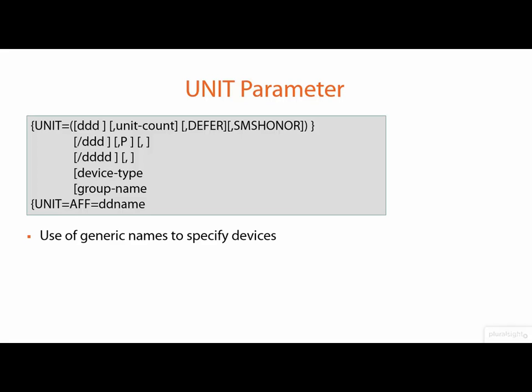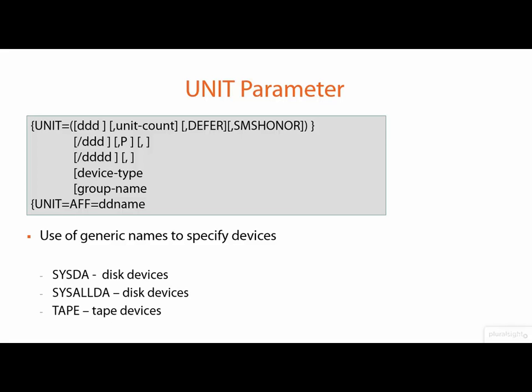So in the case of generic names, normally what will happen is that the system programmer will have defined something like SYSDA to represent all disk devices. SYSALLDA is another one that is often used, and then TAPE to indicate that we are using a tape device. All we would code in those instances then is UNIT=SYSDA or UNIT=TAPE.